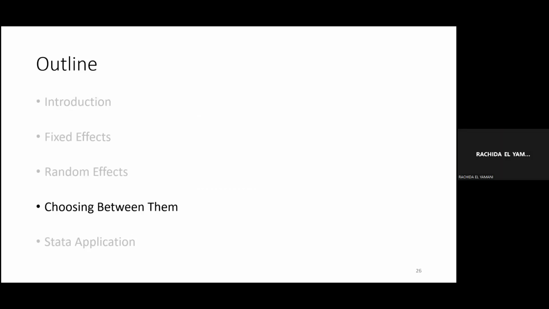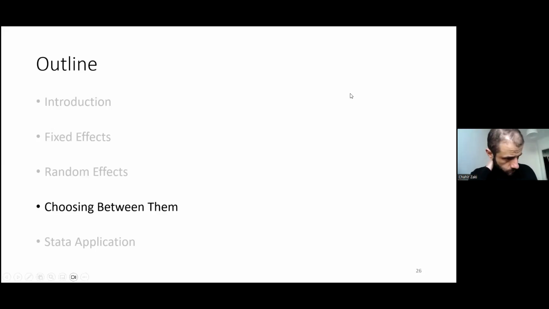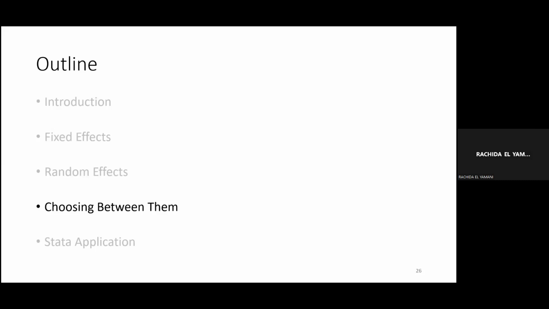Please, Dr. Chahir. Yes, I can see that when we cannot verify all assumptions of OLS in fixed effects, we can use generalized least squares. No, sorry, say it again, please.